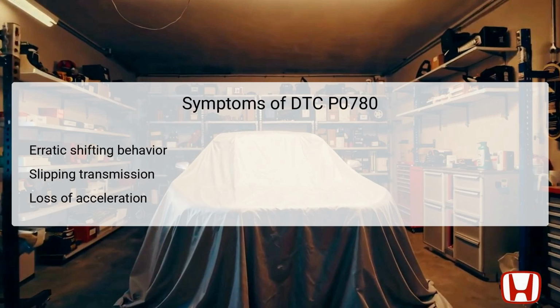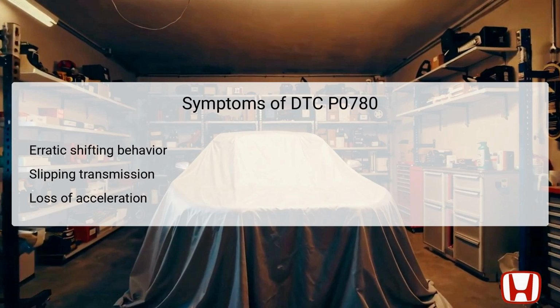The symptoms associated with DTC P0780 can manifest in various ways, primarily affecting the vehicle's performance. Drivers may experience erratic shifting behavior, where the transmission does not change gears smoothly, which can lead to uncomfortable driving experiences. Additionally, slipping transmissions may occur, indicating that the vehicle struggles to engage effectively in the desired gear.